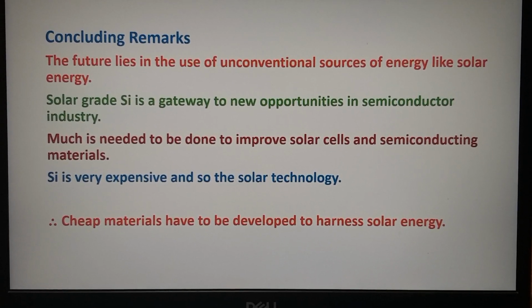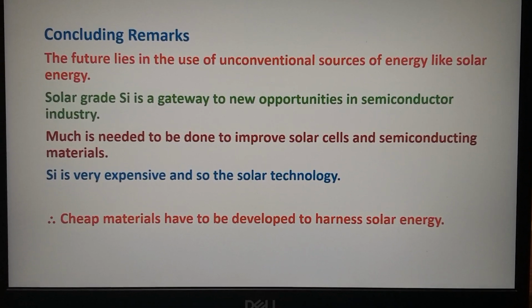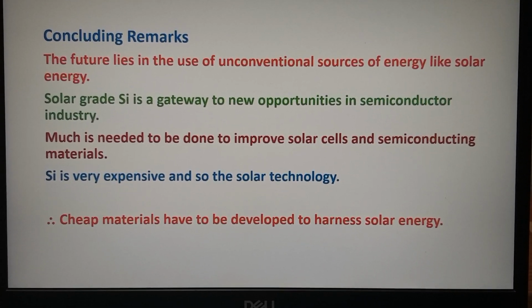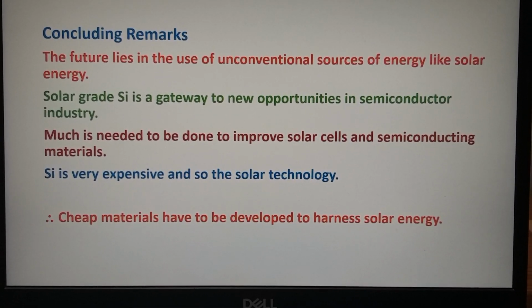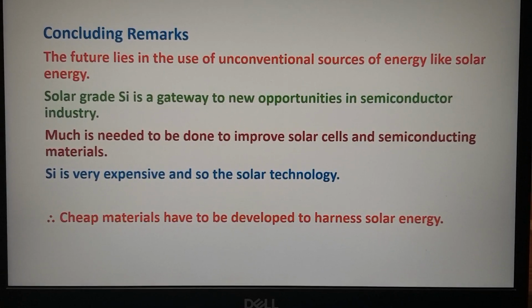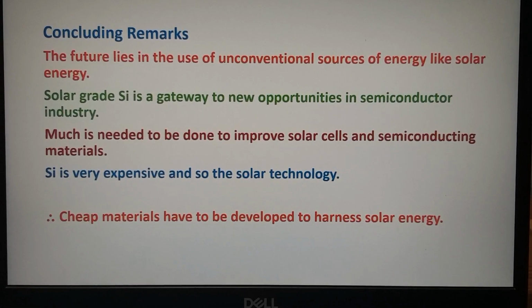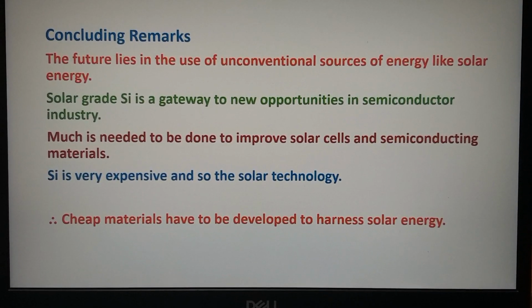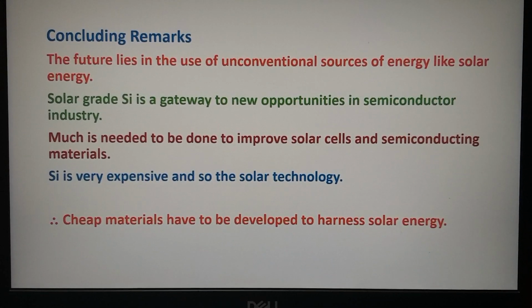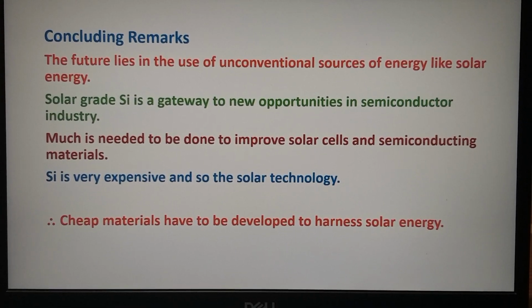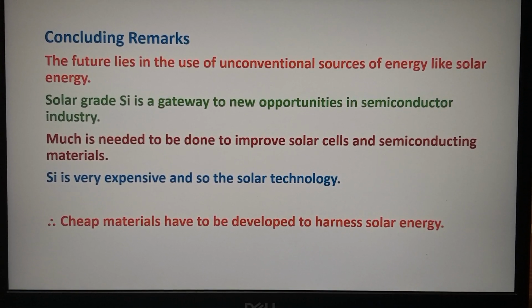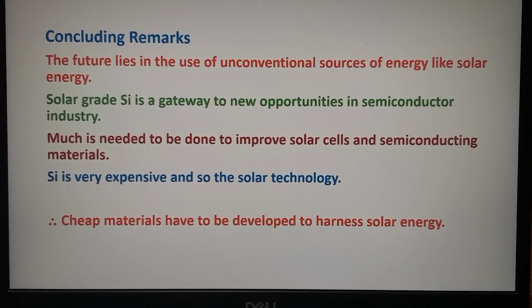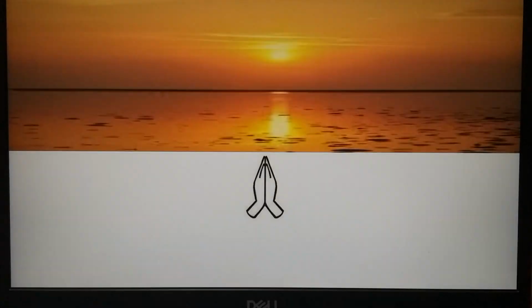Much needs to be done to improve solar cells and semiconducting materials because silicon is very expensive and therefore solar technology is also very expensive. So we can only suggest to produce cheap materials to develop and harness solar energy in the form of PV cells. Namaste.